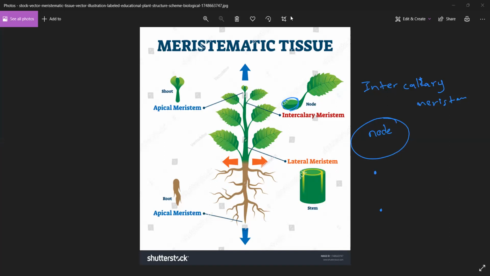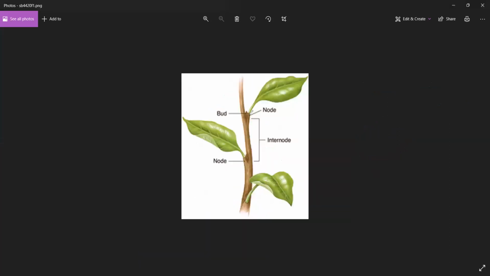Okay. So I'll show you in this diagram. Look at this diagram, children. So here you are having a node. Okay, this is a node. Here also there is a node. Now someone is saying this is a branch. Okay. Between these 2 nodes, we have something called the internode.